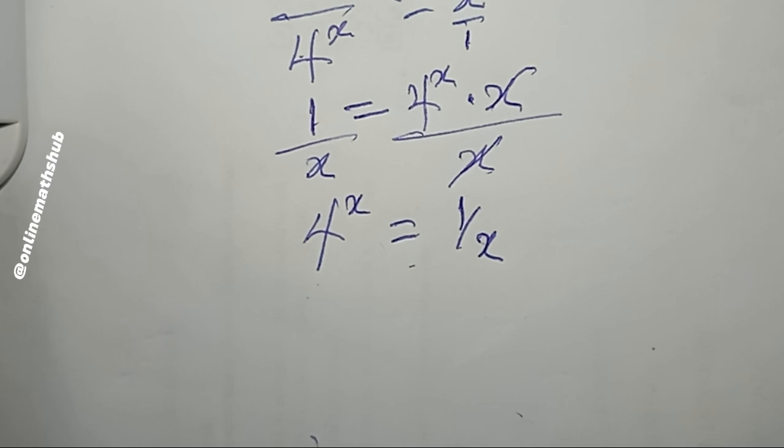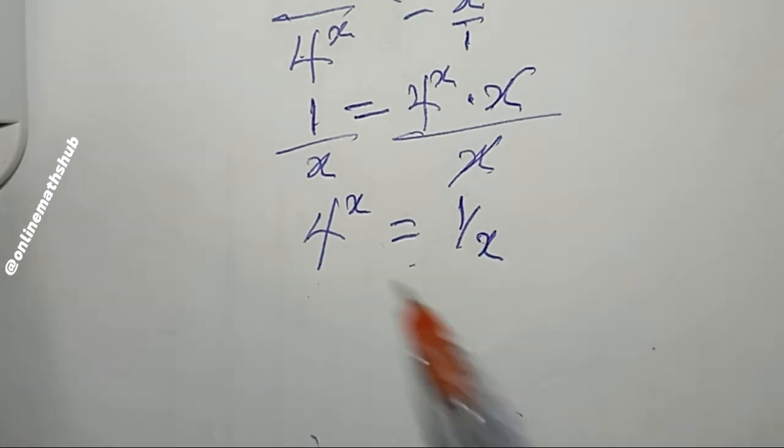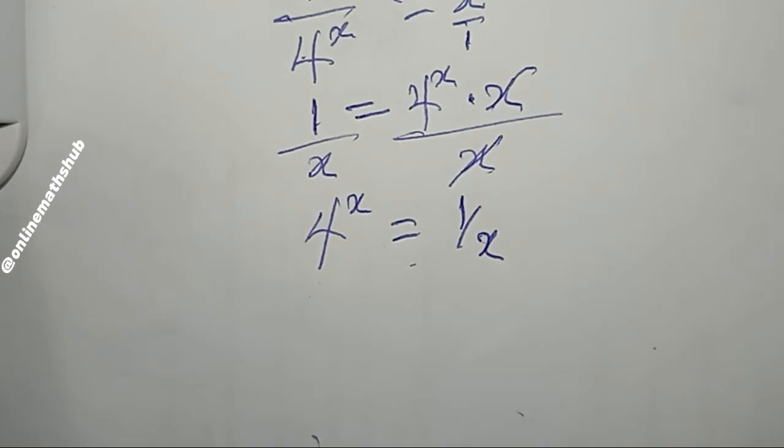Next I want to find a way to remove this power x, and I can achieve that by taking both sides to the power 1 over x.